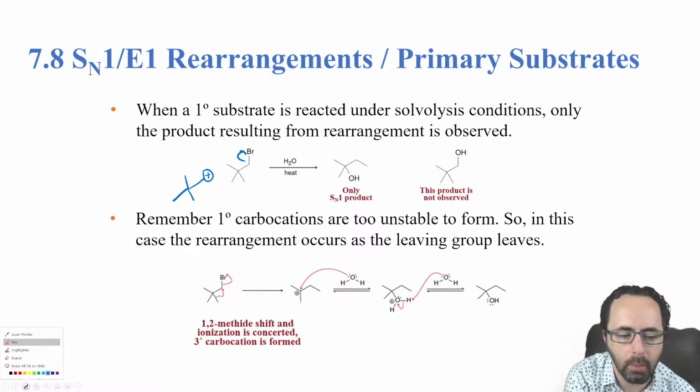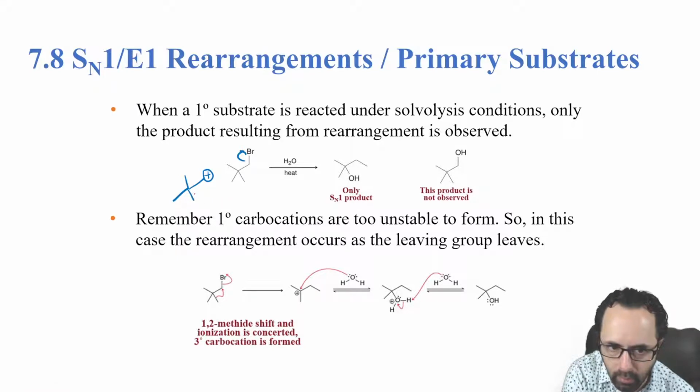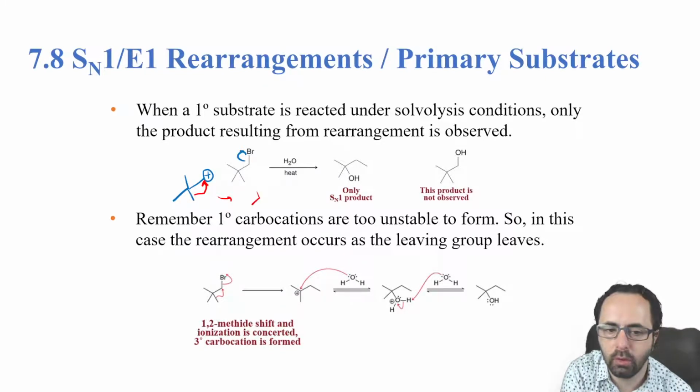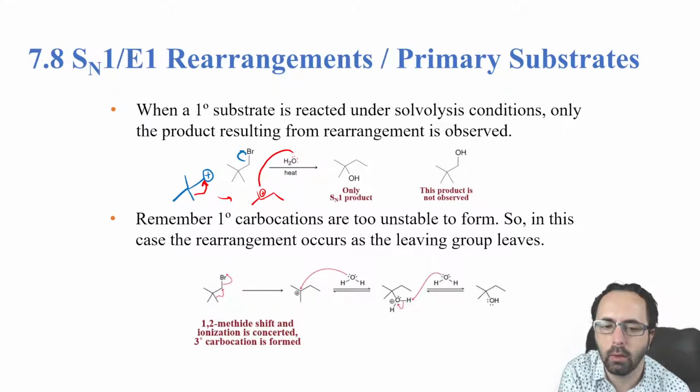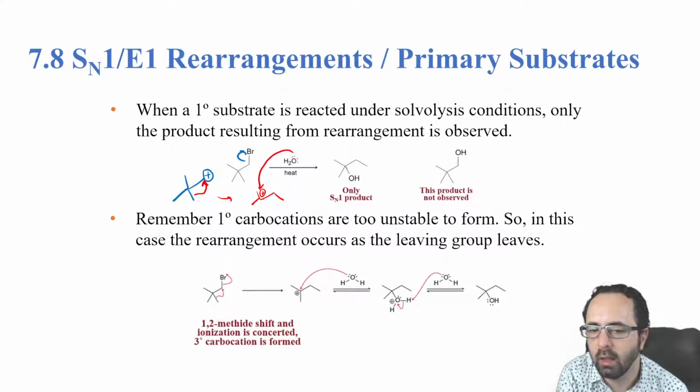So what would happen quite readily is that we'll have a methyl shift, and at that point we'll end up with this tertiary carbocation. Now that's much more stable, and so the nucleophile will attack that tertiary carbon. So we'll end up with the one where the OH is attached here on this carbon rather than the primary one.